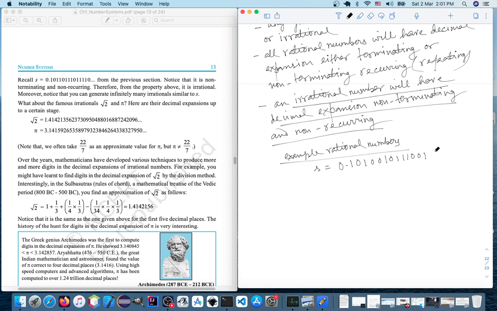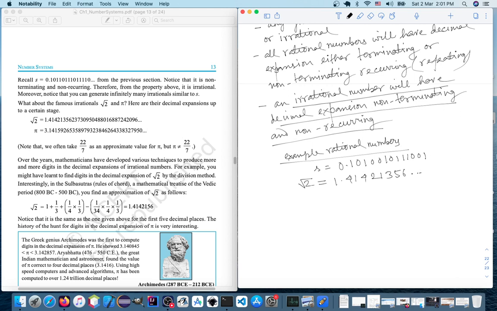Okay, no pattern. Or we have seen that square root of 2 is an irrational number, and it has been found that square root 2 is 1.41421356 and so on.